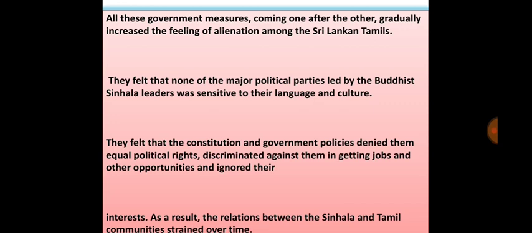They felt that the constitution and government policies denied them equal rights, discriminated against them, and did not provide equal opportunity for getting jobs or education. They ignored their rights. And it resulted in a strained relation between these two communities.